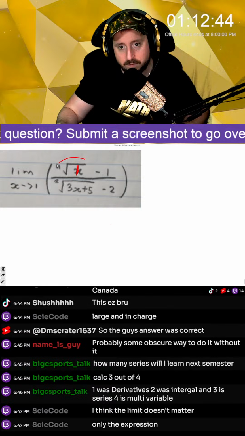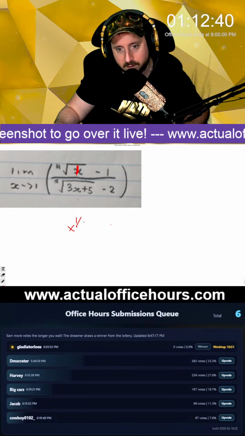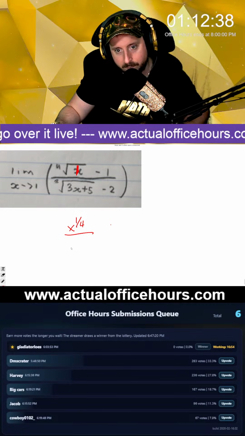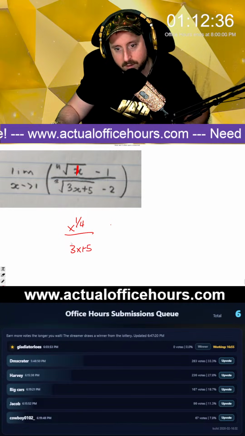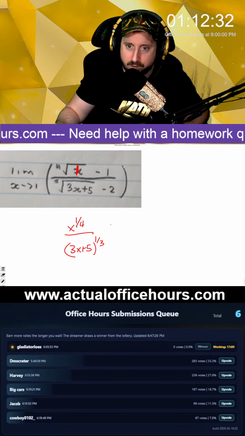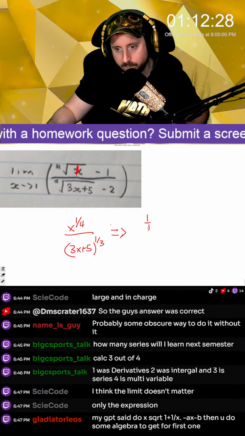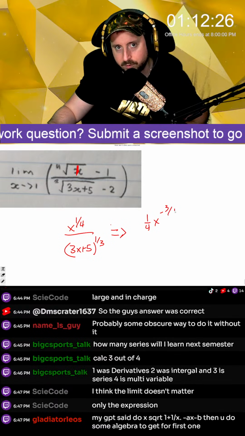So if we took the derivative of this, this is x to the 1/4, effectively, over 3x plus 5 to the 1/3. When I take the derivative, I don't really care about these parts. So the derivative of that would be 1/4 x to the negative 3/4.